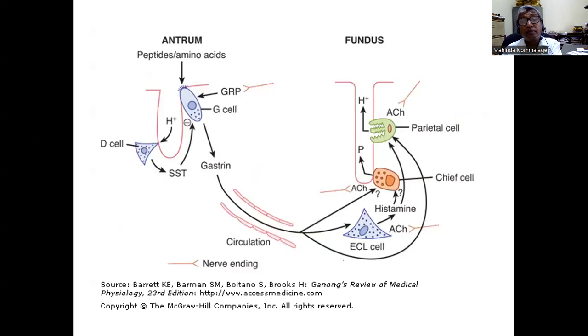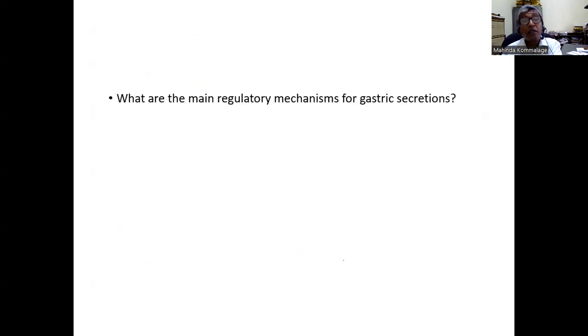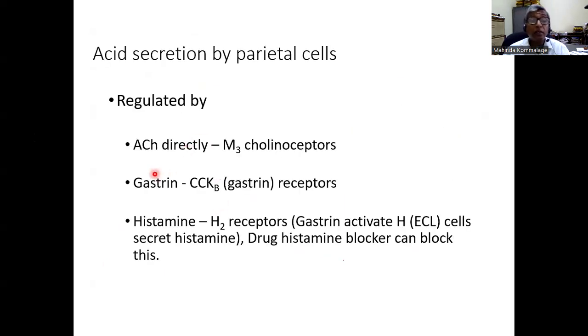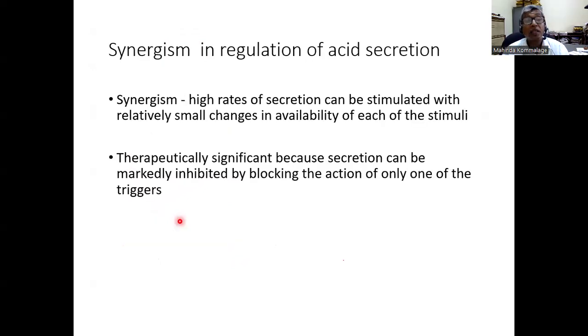So these are the 3 receptors: acetylcholine acts on the M3 receptor, gastrin acts on the CCK receptor, and histamine acts on the H2 receptor. These are the 3 main receptors which regulate the acid secretion.